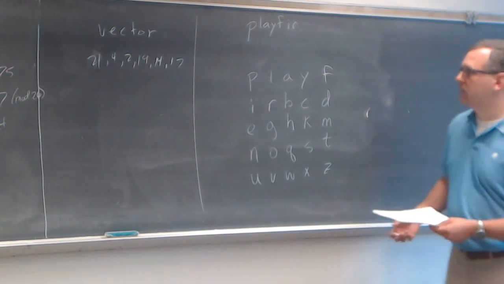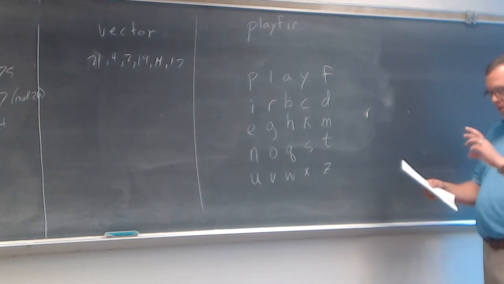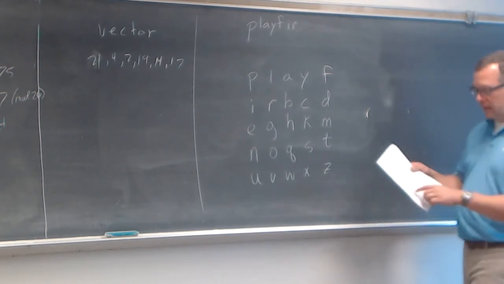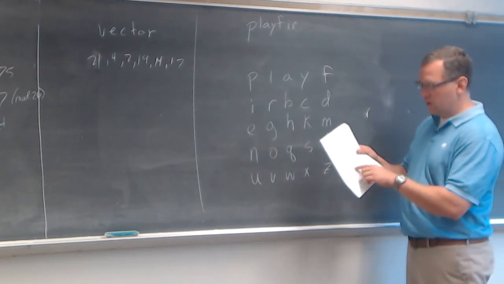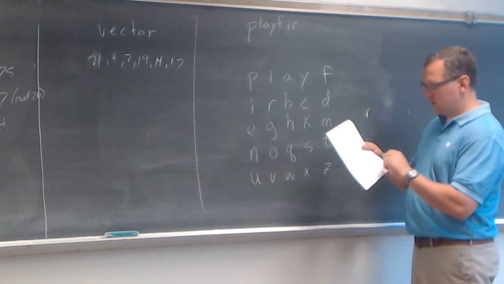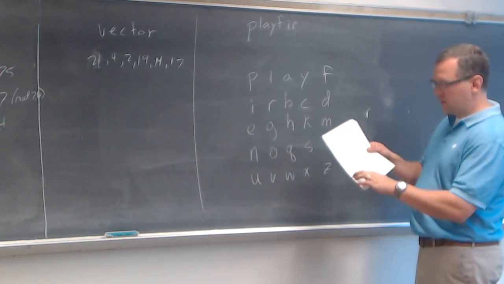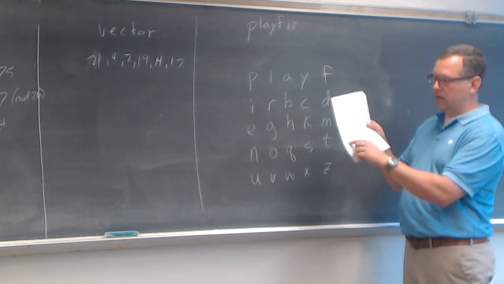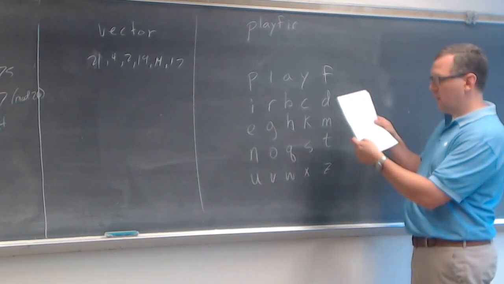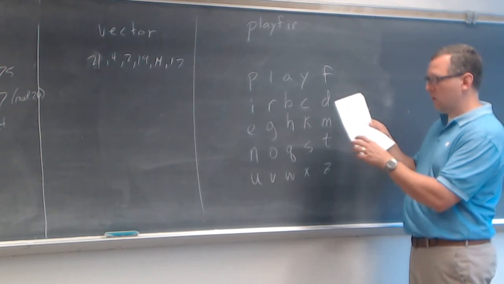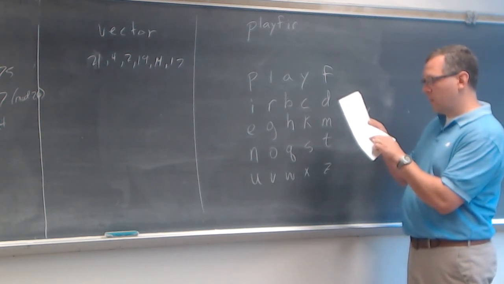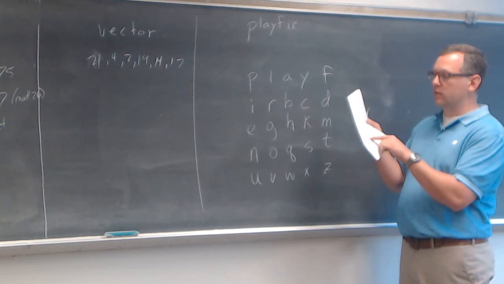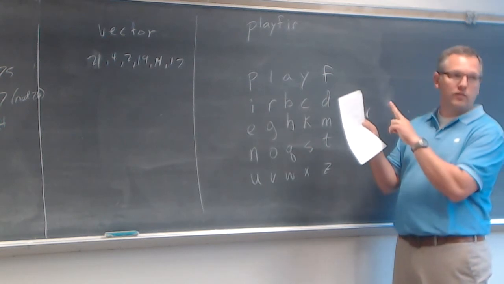You break up your message into 2-letter chunks, called digraphs. The plain text here is: all work and no play makes Jack a dull boy. So you break it up into two-letter chunks: AL, then LW, OR, and so on. Now I got to a point where I had 2 L's. For dull, it would have been LL for the digraph.